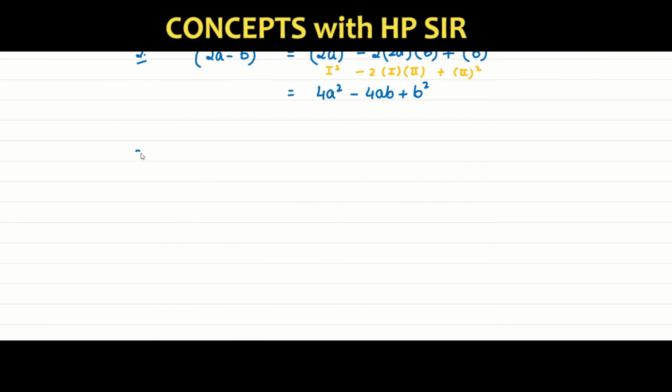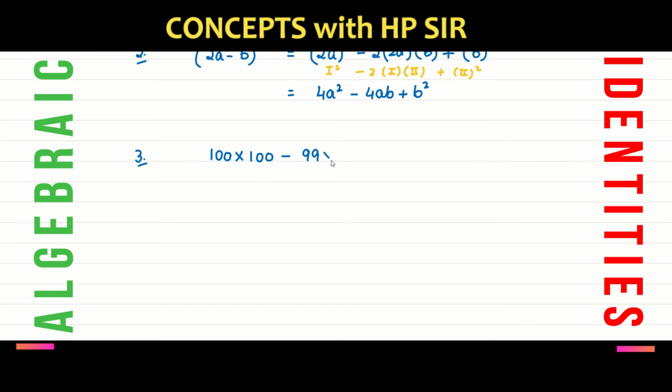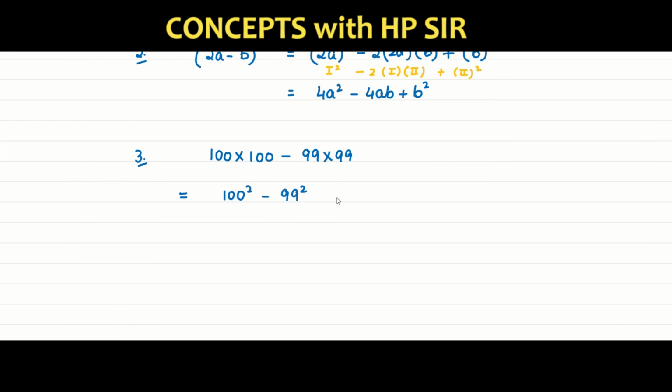So moving on, now suppose you have to solve 100 into 100 minus 99 into 99. Suppose this is your question. So we can write it as 100 square minus 99 square. So you have squares of two terms which are being subtracted. Here we'll be using the third identity, that was a square minus b square is equal to the sum of a and b multiplied by the difference of a and b.